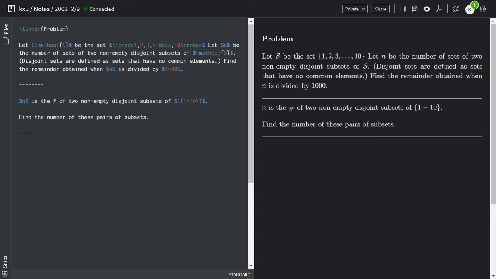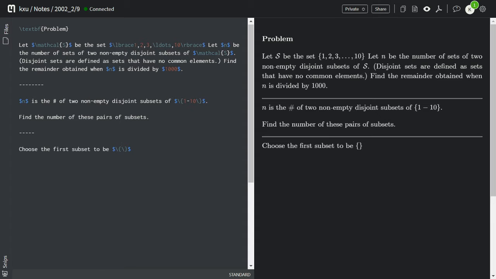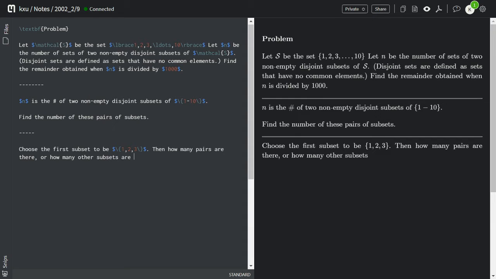So let's do an example. Suppose we fix the first subset. Choose the first subset to be something like, you can pick whatever you want, just make it non-empty: 1, 2, 3. Then how many pairs are there? Essentially what we're trying to find is how many other subsets there are.